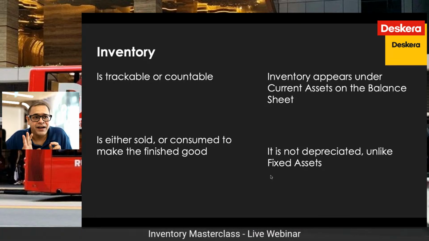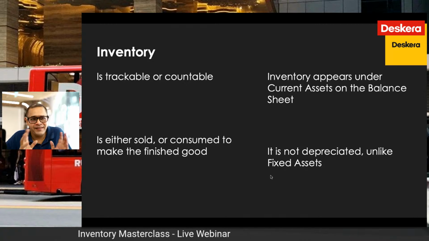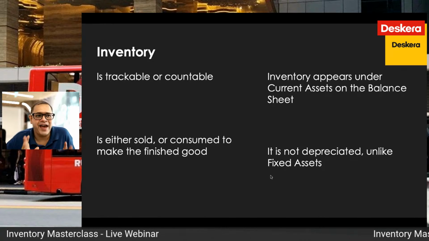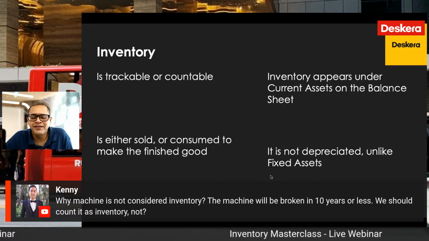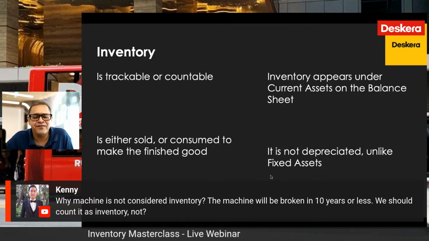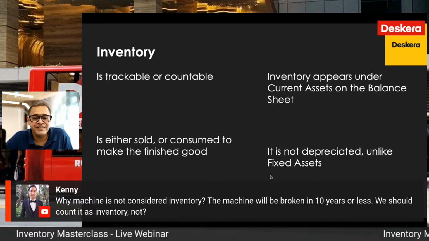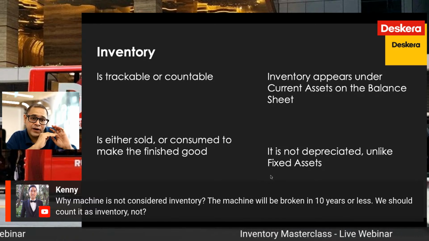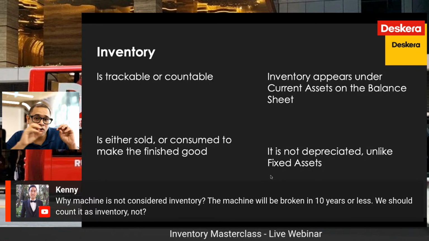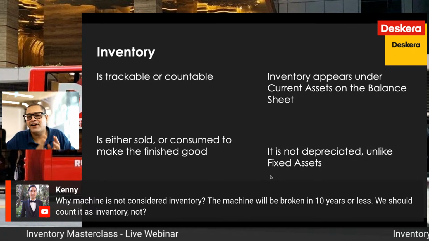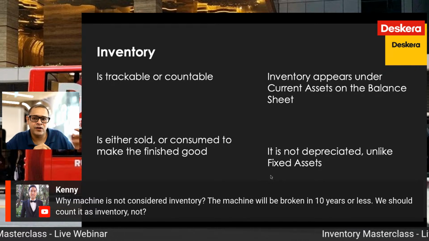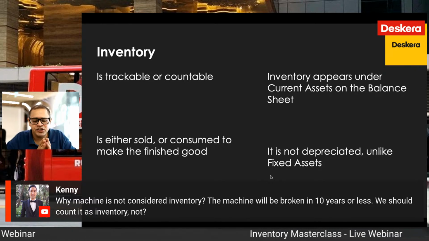Assets is everything that you have in your organization right now, which would include accounts receivable and total inventory that you have and so on. Whereas fixed assets are slightly different. When you look at your balance sheet, you can see the value of your inventory shown there. And inventory is never depreciated because you are going to consume it within a shorter amount of time.